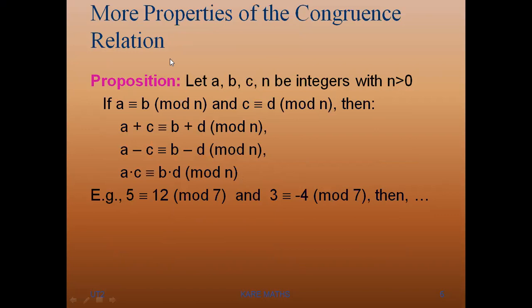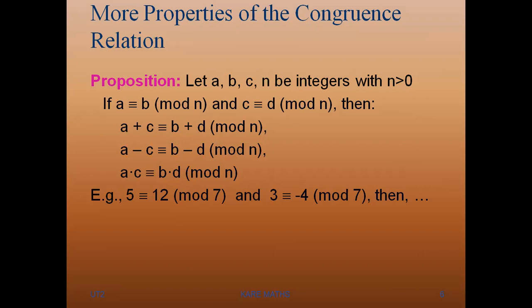Next, more properties about the congruence relation. Let A, B, C, D, N be integers where N is greater than 0. I'm just taking N as a positive integer. Suppose A is congruent to B mod N and C is congruent to D mod N. Recall the definition of congruency over the modulus: N divides A minus B, and the second one, N divides C minus D. Please remember that.